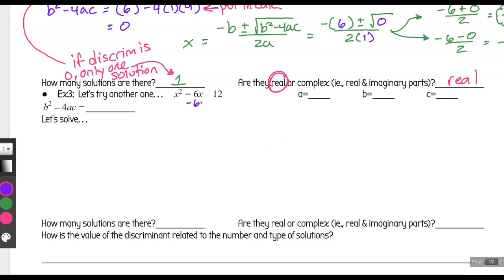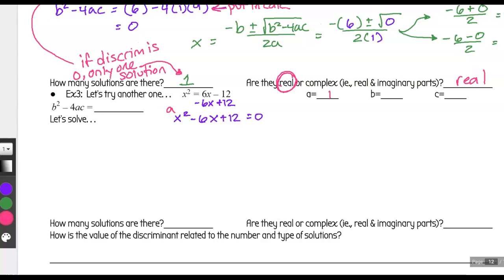So I'm subtracting 6x over and I'm adding 12 over. So it becomes x squared minus 6x plus 12 equals 0. So what's my a? 1. What's my b? Negative 6. And what's my c?